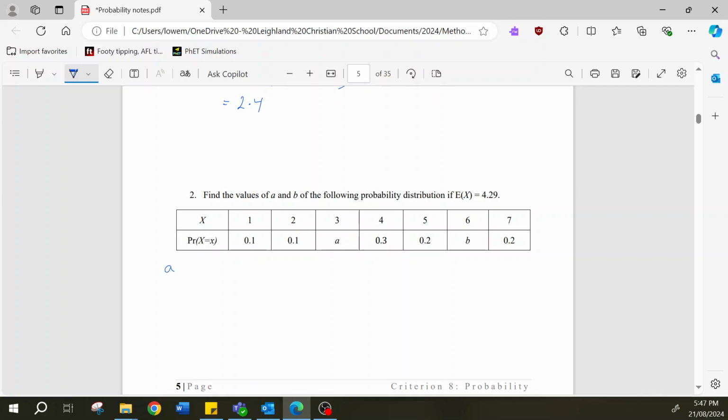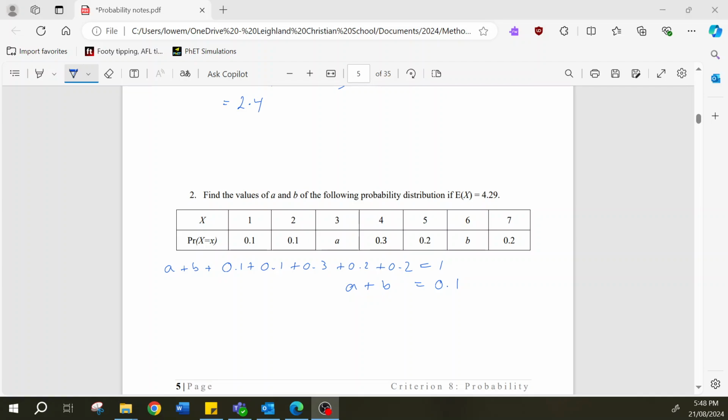So we can say that a plus b plus all the rest must equal 1. So a plus b would equal 1 minus 0.9, which is 0.1. So they have to add up to 0.1.